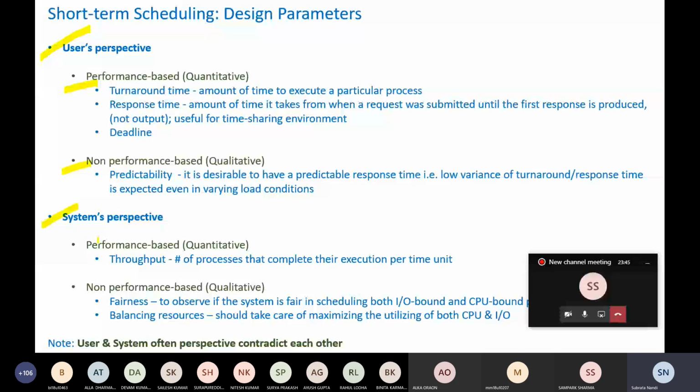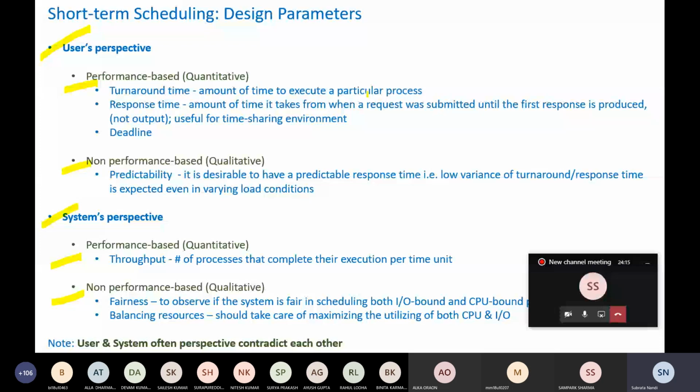response time, and deadline. Turnaround time, we know, is the amount of time to execute a particular process, meaning once it joins the system until the point it completes, and in between it might use the CPU in multiple phases, or multiple bursts. Sometimes it uses the CPU, sometimes it waits for the CPU in the ready queue, sometimes it goes into the blocked state.